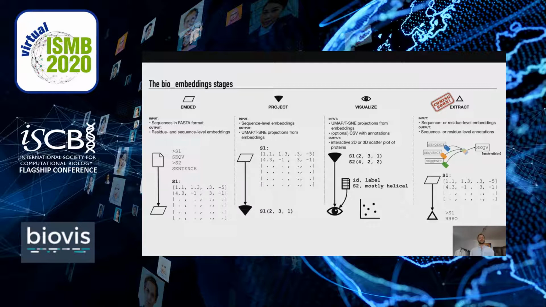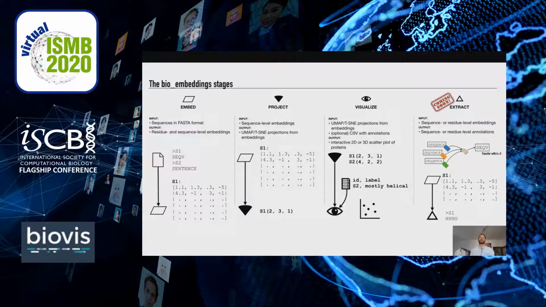The project stage takes these embeddings, which are usually very highly dimensional, and projects them onto lower dimensional spaces using popular techniques like UMAP and t-SNE. And these lower dimensional representations of your input sequences can then be used for analytical purposes and for visualizations.